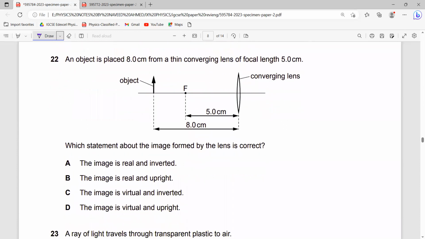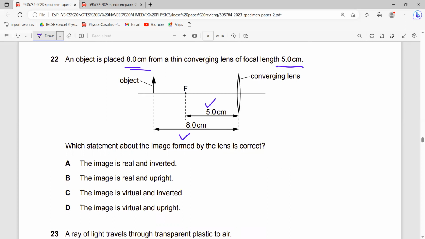In question number 22, an object is placed 8 centimeters, the object distance u, from a thin converging lens of a focal length of 5 centimeters. So the object's placement is 8 centimeters and the focal length is 5.